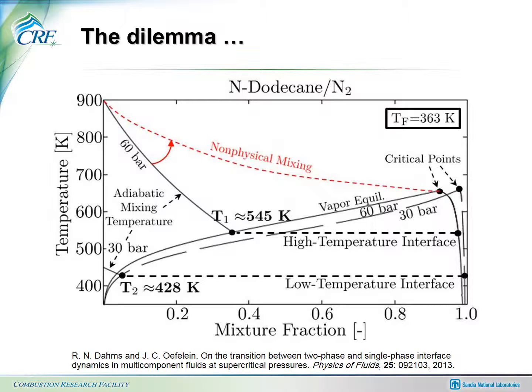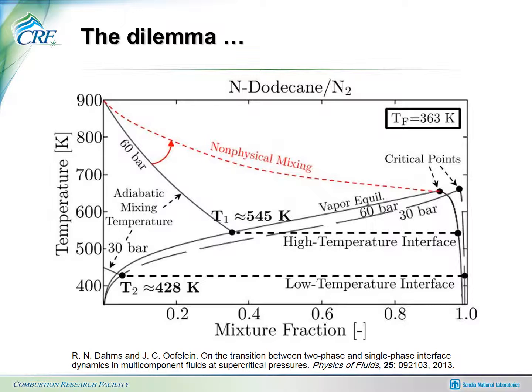We have the vapor equilibrium curve associated with the 60 bar case, where we're injecting n-dodecane at 363 Kelvin into a 900 Kelvin ambient. And likewise, we have the same for the 30 bar case at the lower temperature and pressure conditions. I'm going to refer to those two interfaces as the low temperature and high temperature interfaces.